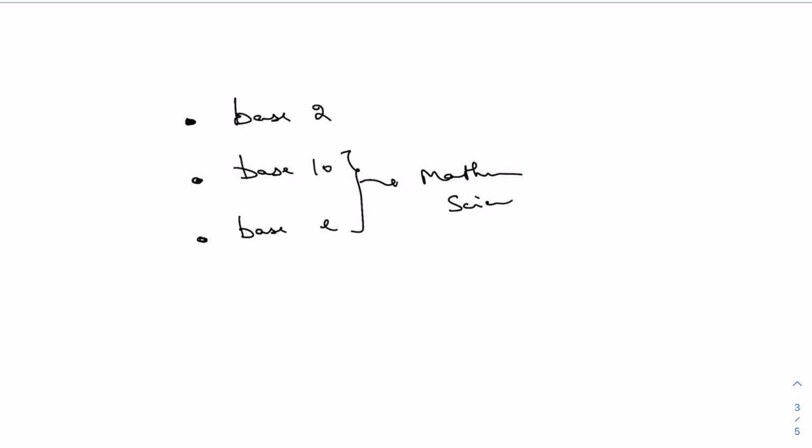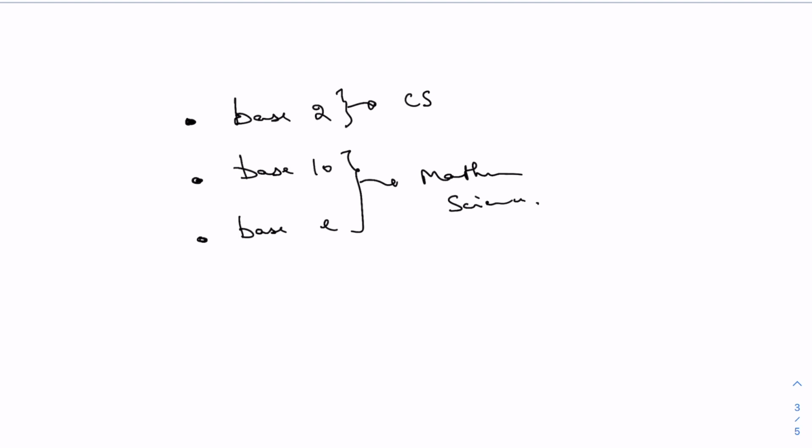So we have base 2, and then we use base 10 commonly, and base E. These two are commonly used in mathematics and science. And base 2 is frequent because of computer science, and because there we use binary systems, so obviously we feel the need for base 2 logarithms over there. So these three bases we come across very frequently.